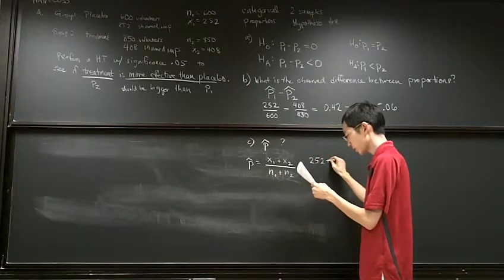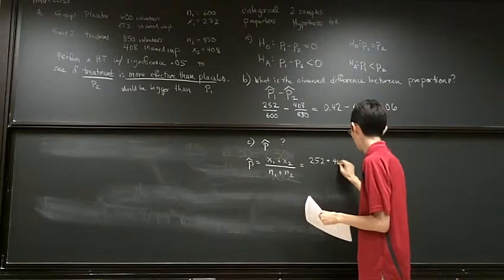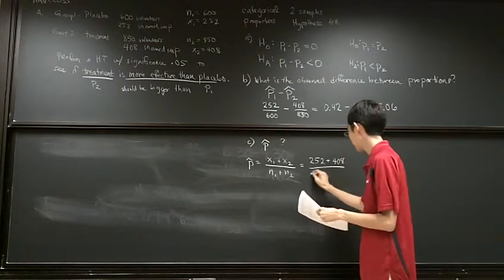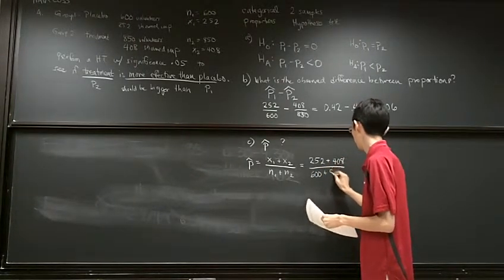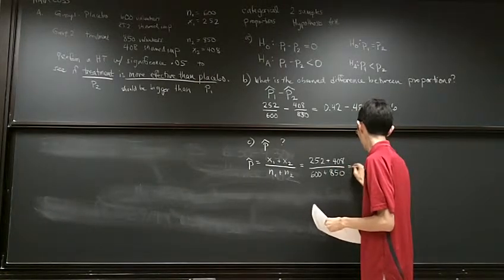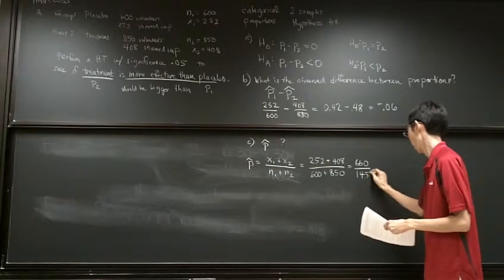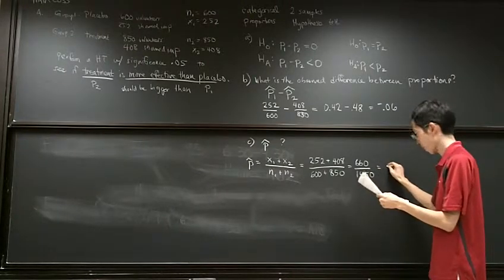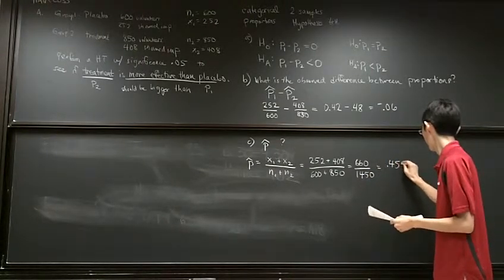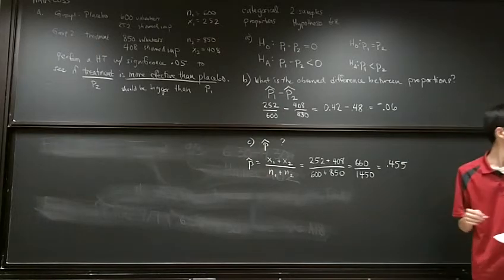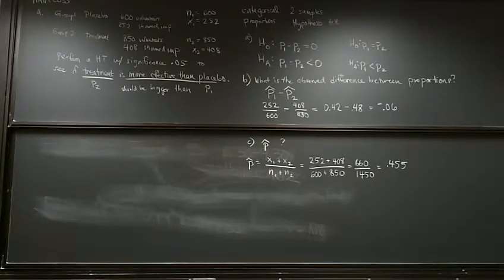So 252 plus 408 divided by 600 plus 850. Okay, is that what we get?